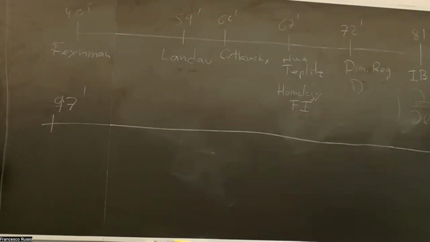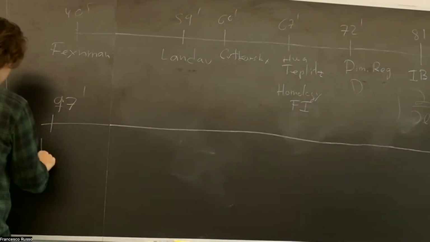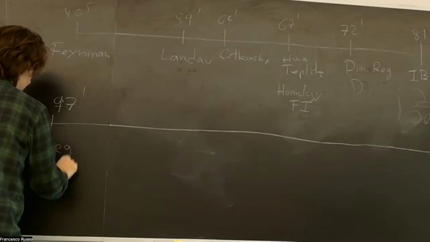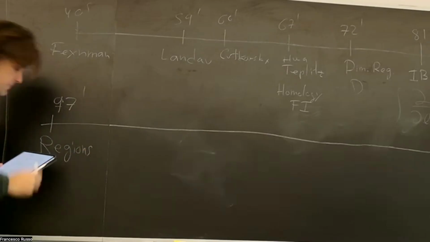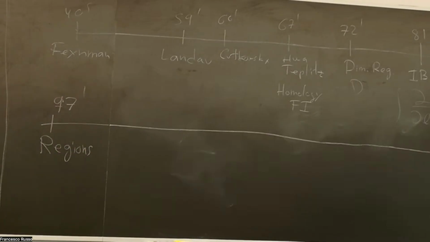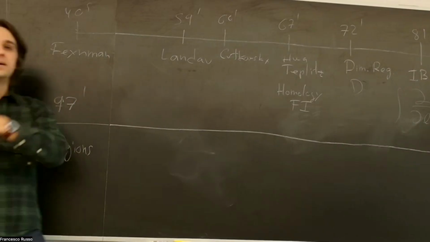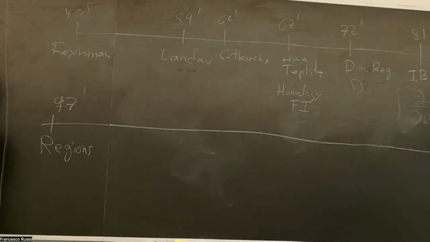In 97, there's also an important development, which is called the method of regions by Menike and Smirnov. What they said was, well, actually, in many physical situations, we're not interested in the exact analytic dependence on all of these parameters, all these moduli. We're just interested in some limit. And they gave some prescription to compute asymptotic expansions of these integrals in those limits.